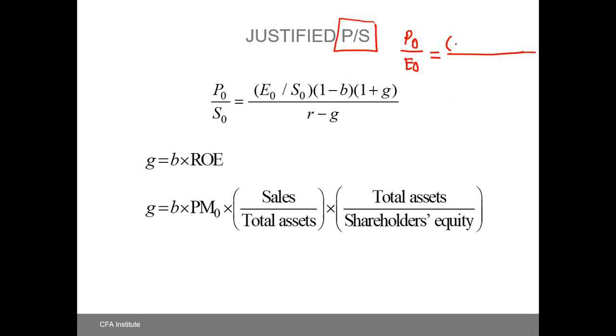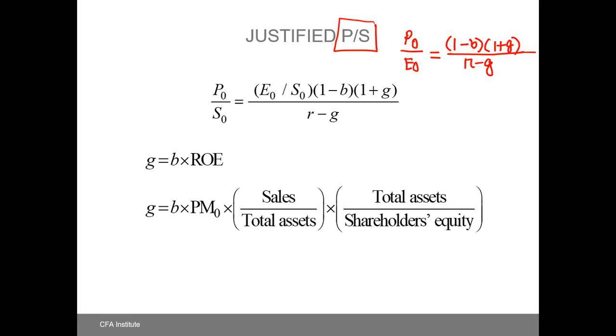Okay, so let me try. We wrote the justified price to sales in this way. Can you recall this now? Trailing PE. Is this one we saw earlier? Confirm it, then we'll continue. Okay, you are confirming that you have seen it.